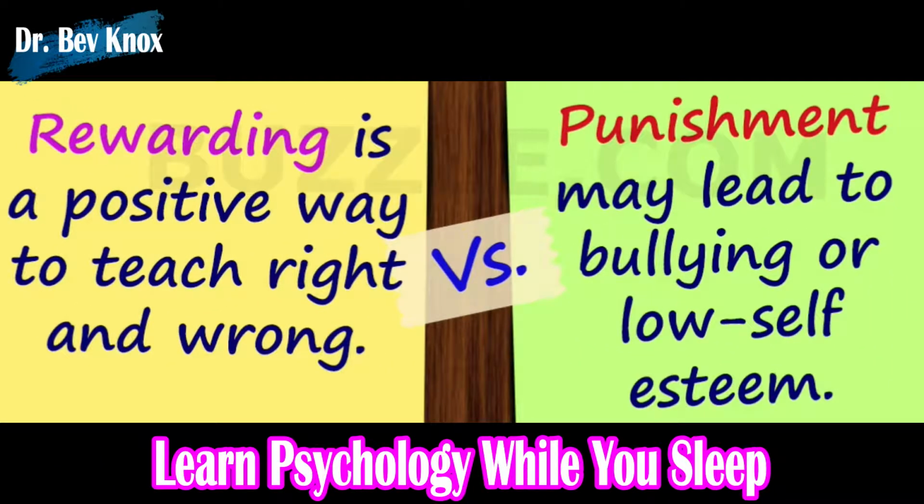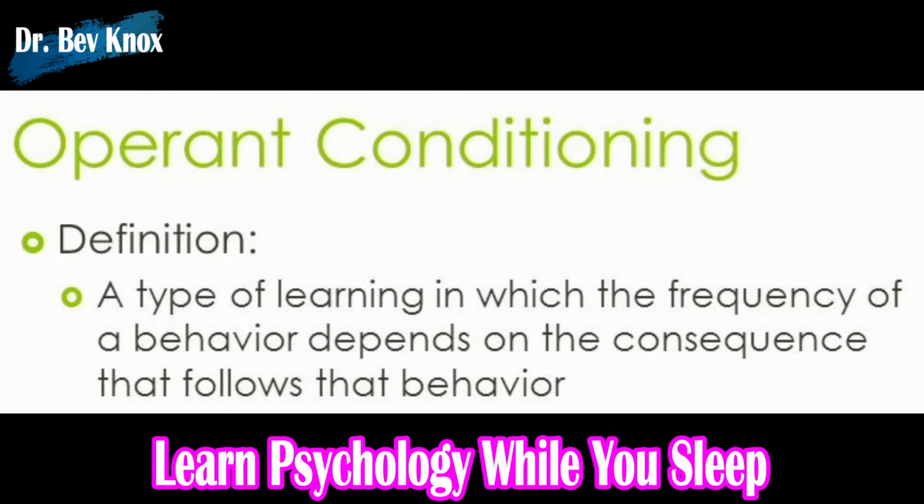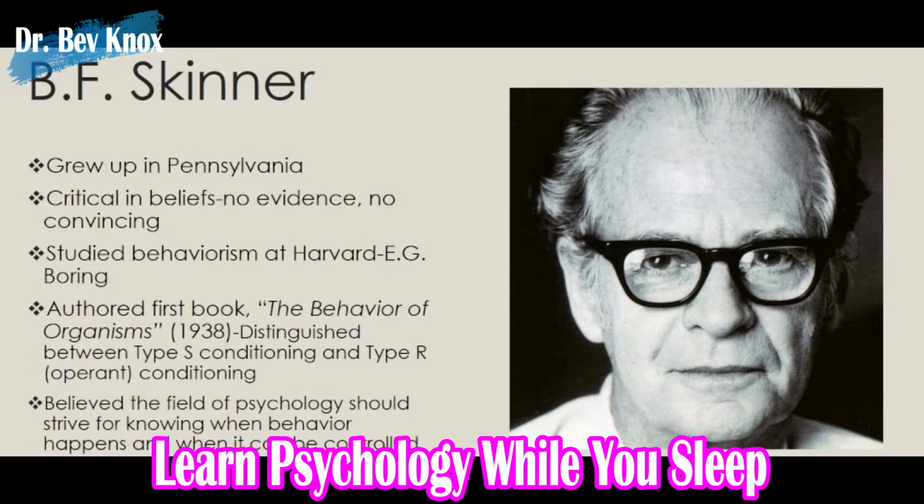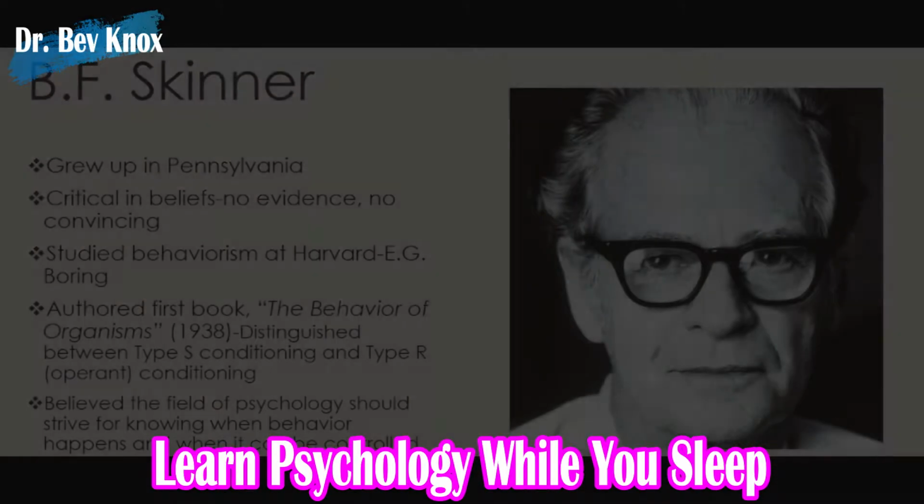So, what is the role of reward and punishment in learning? Operant conditioning is a form of learning in which a voluntary behavior is strengthened or weakened. According to B.F. Skinner, the underlying learning is reinforcement, the process by which a stimulus increases the probability that a preceding behavior will be repeated.